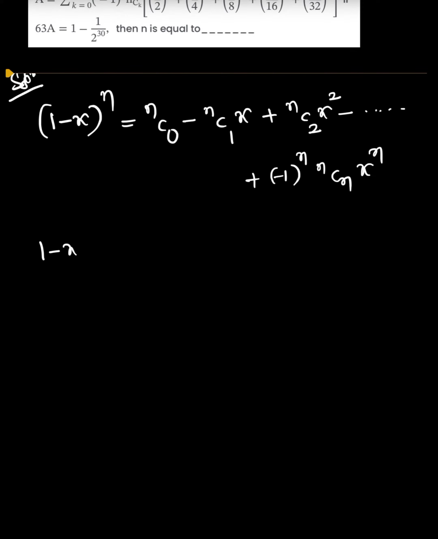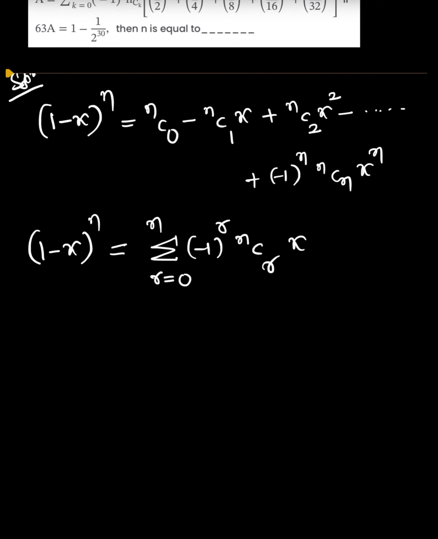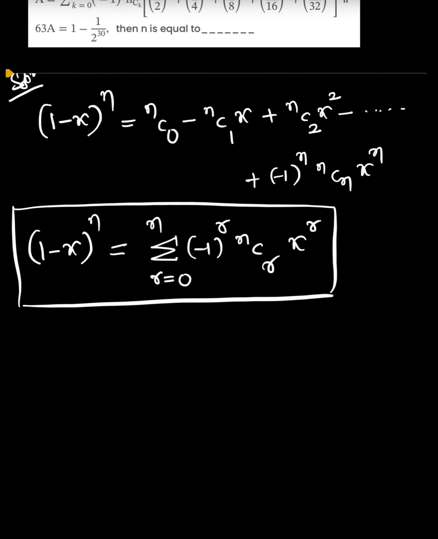So (1 minus x) whole power n is also written as summation r equal to 0 to n of (minus 1) whole power r nCr x power r, where the alternating sign is denoted by (minus 1) whole power r. Did you get my point? This is a very important formula which everyone knows.